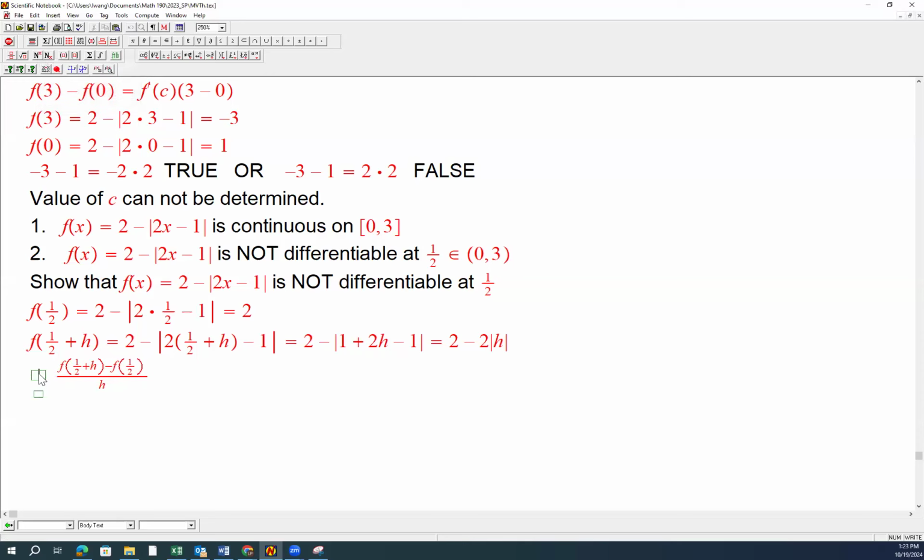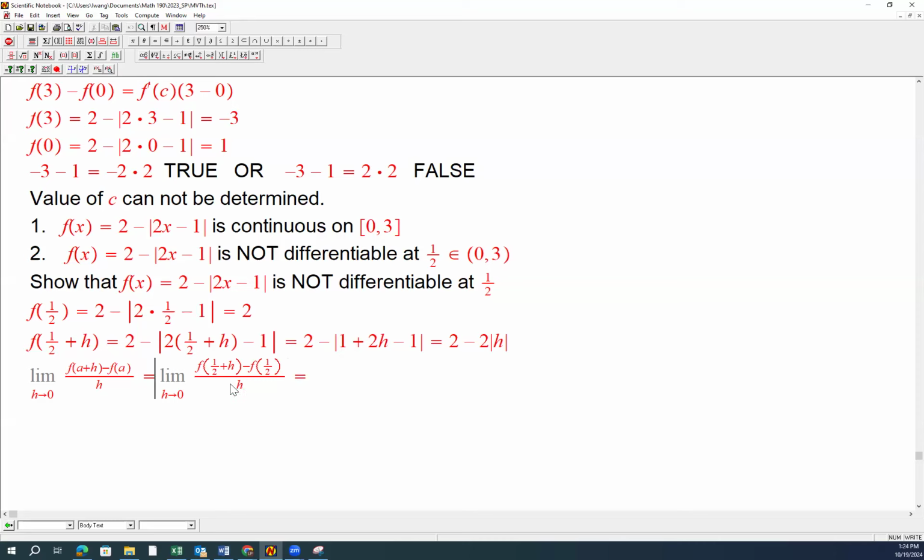So the limit as h approaches 0, and that equals to, I'm going to show you the original definition. That's going to be A, right? Does that ring a bell? It should, right? So that's the definition we're applying. We are trying to demonstrate that the function is not differentiable at half.